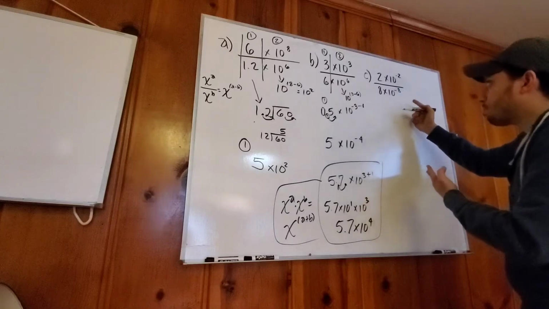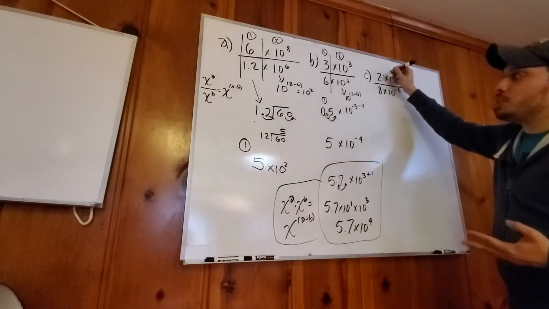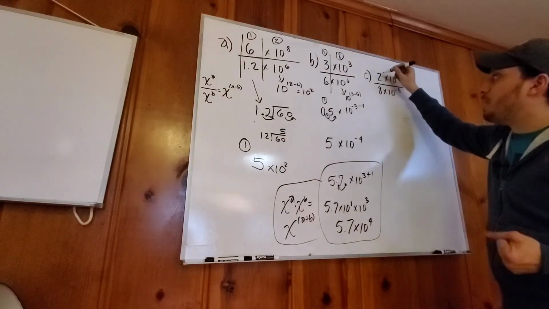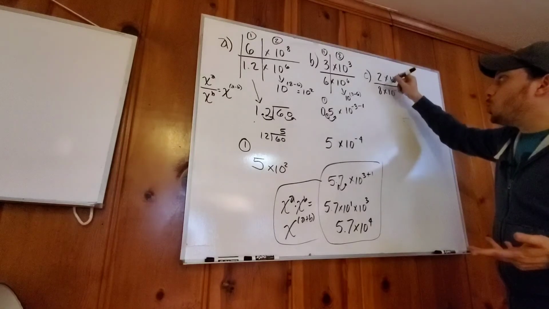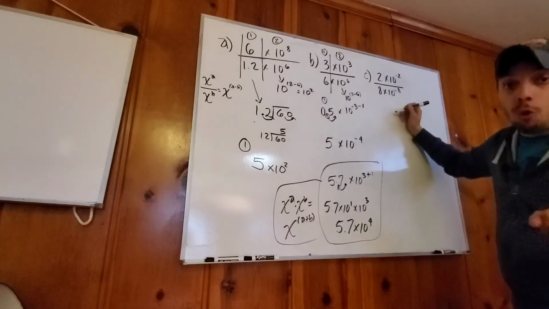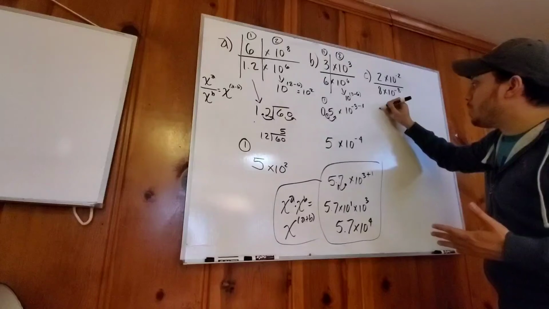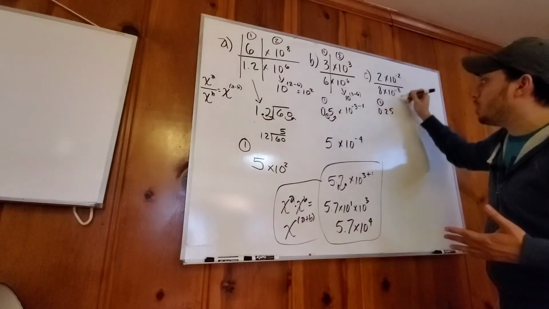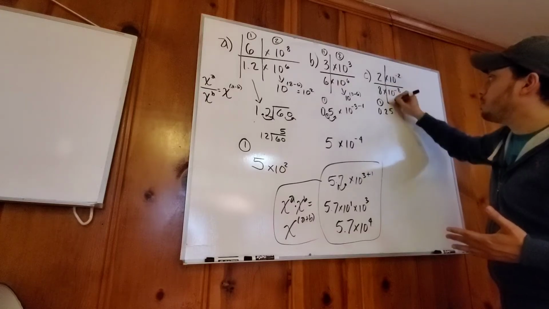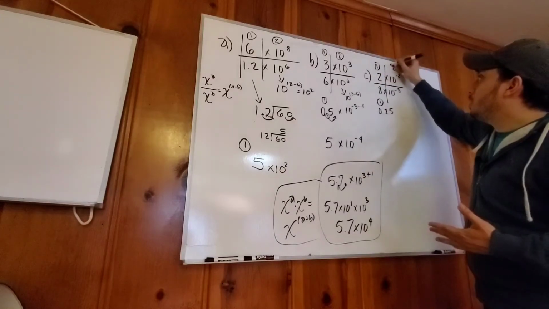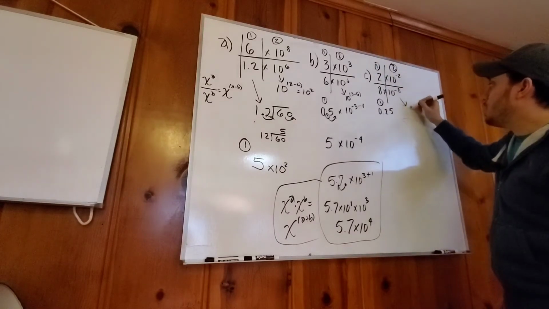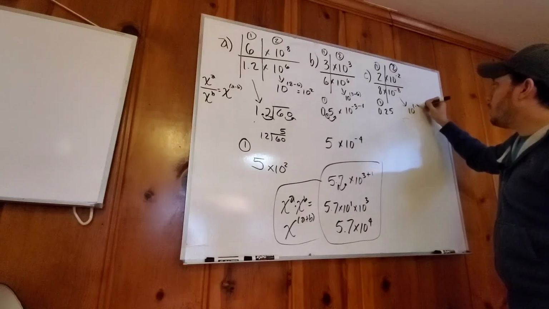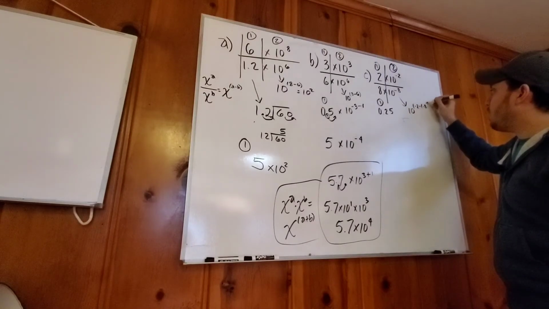Now this one is going to be also a little bit tricky because in here, 2/8 is the same thing as 1/4. And 1/4 is the same thing in decimal notation as 0.25. That's my first part. My second part then is to put 10 to the minus 2 minus negative 8.